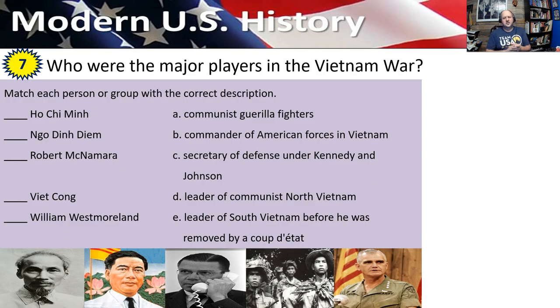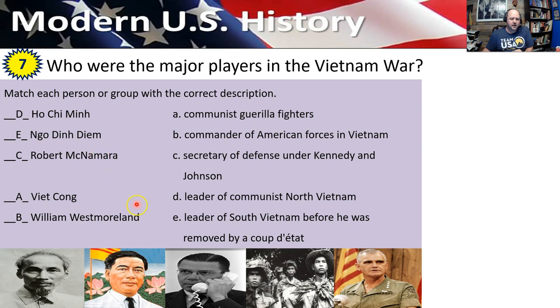This is just a little exercise to make sure we know who's who here for number 7. I'm just going to go through these quickly. Ho Chi Minh is D, the leader of Communist North Vietnam. That's him here. Ngo Dinh Diem is E. That's him here. He was the leader of South Vietnam before he was removed by a coup d'etat.